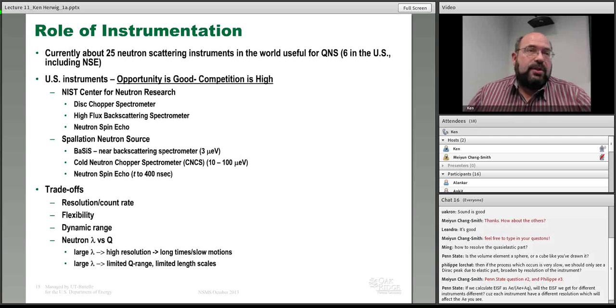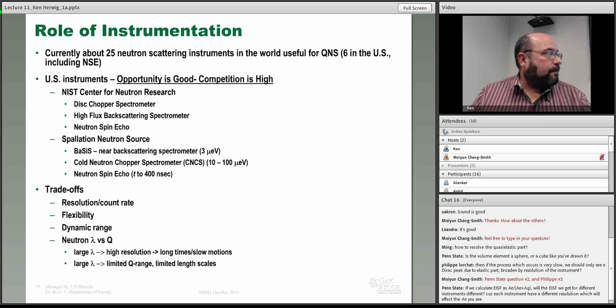And then, of course, the neutron wavelength versus Q. Large wavelength neutrons make it much easier to come to the high energy resolution that you need so you can probe slower motions, but large wavelengths means that you have a very limited Q range. And so the short length scales that you might want to be sensitive to are just not accessible.